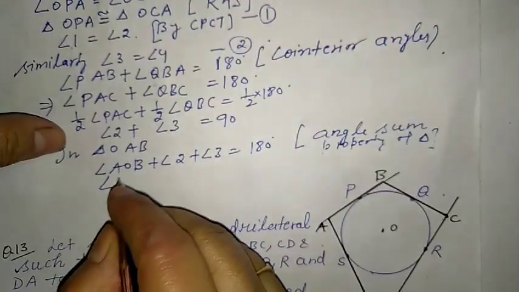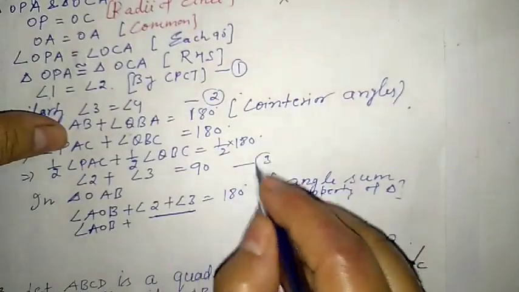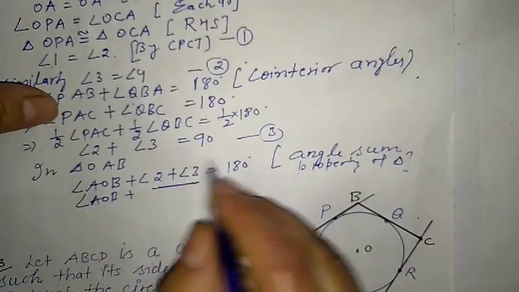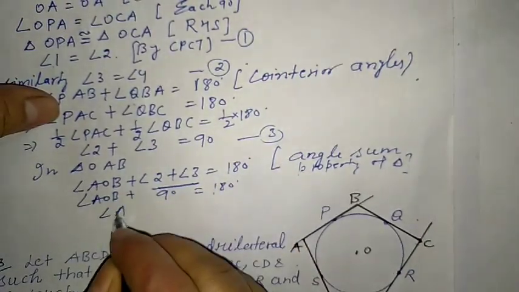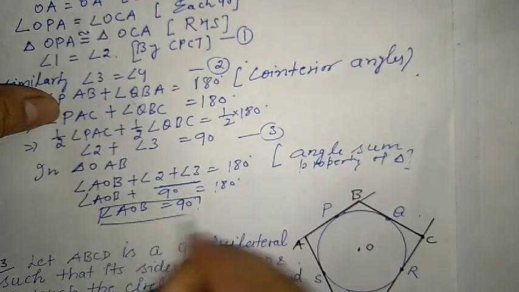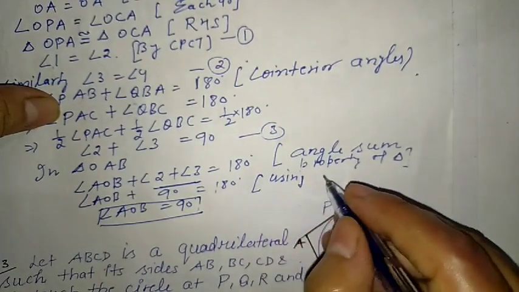So angle AOB plus the sum of these two, which we have from equation 3, is 90, equal to 180. So angle AOB is equal to 90 degrees. This we have found here using equation 3.